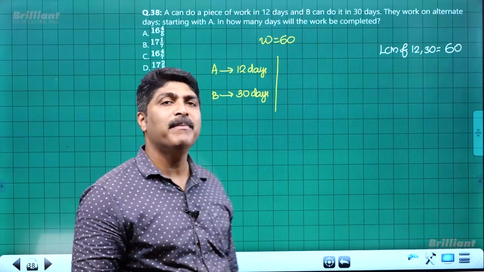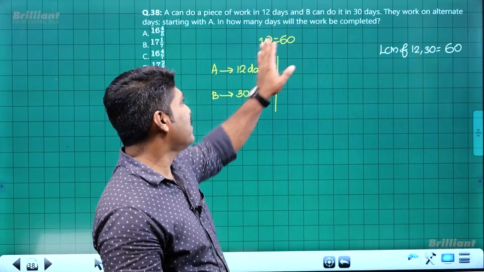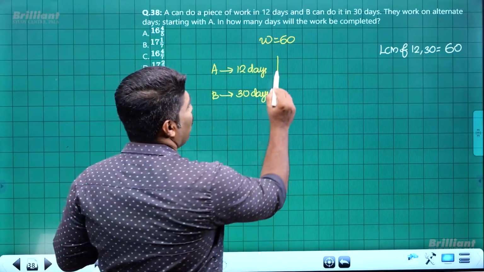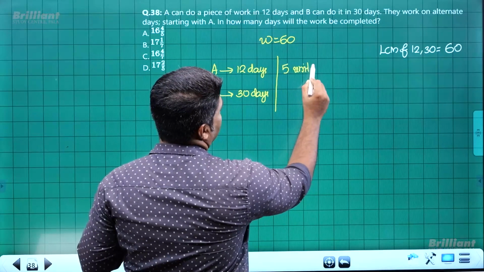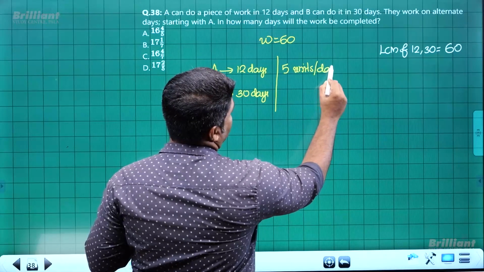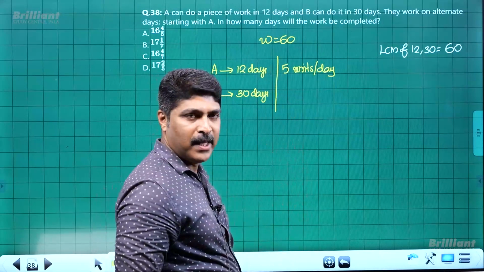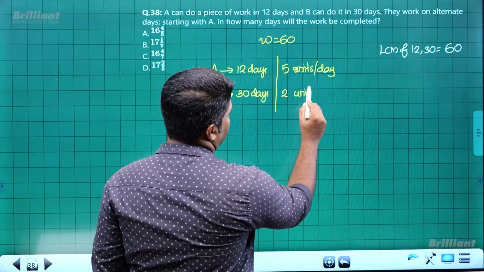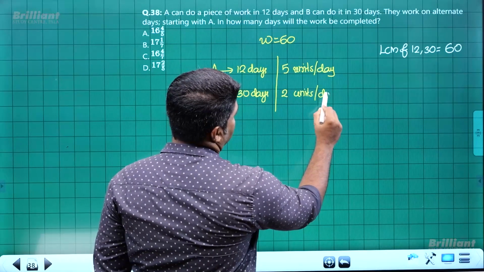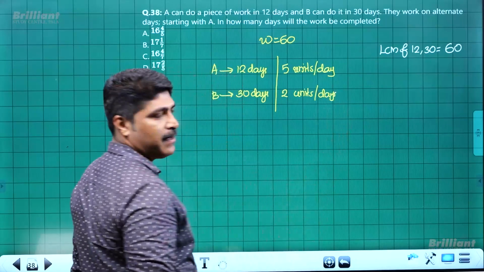So how many books can he bind per day? You just simply divide 60 by 12. So that means 5 books per day, or 5 units per day. So this is the efficiency. Similarly, the second person is 2 units per day. Hope you got it clearly.